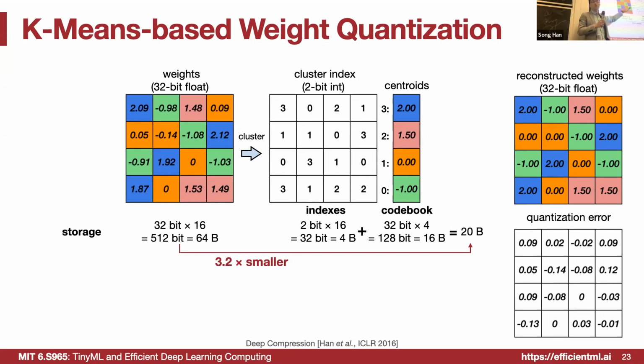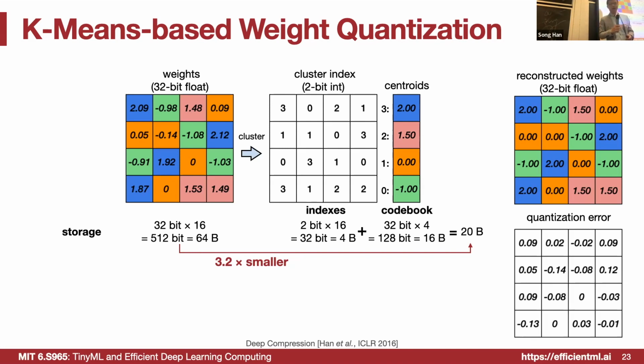Imagine if this weight matrix becomes pretty large, what should be roughly the compression ratio if we use only 2 bits to represent each number? 16, correct. So the size of the codebook could be ignored, right?